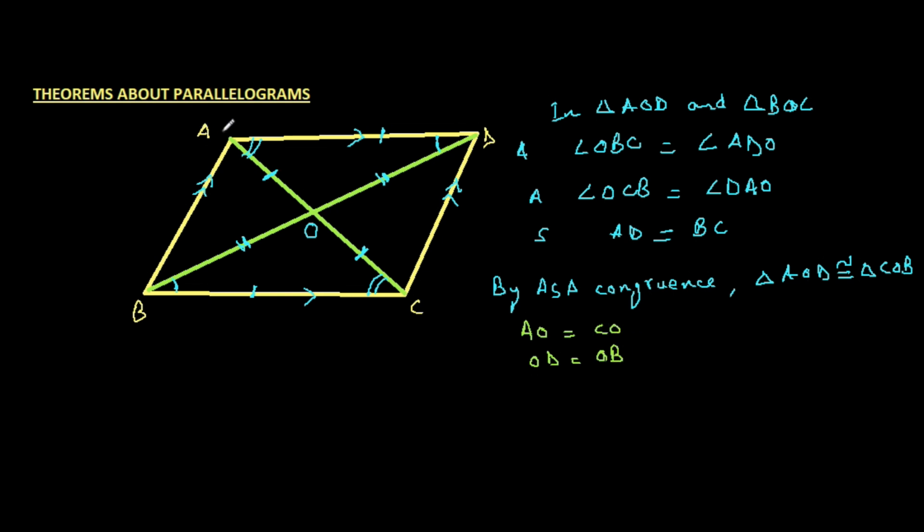That AO is equal to CO, that has been proved, and we had to prove that OD is equal to OB. So that also has been proved, because BD is a diagonal and AC is a diagonal, which are meeting at center point O, and O is the midpoint of both BD as well as AC. So that means the diagonals bisect each other, which we have already proved.